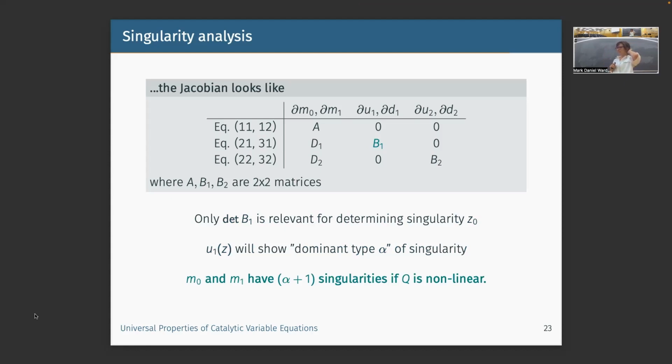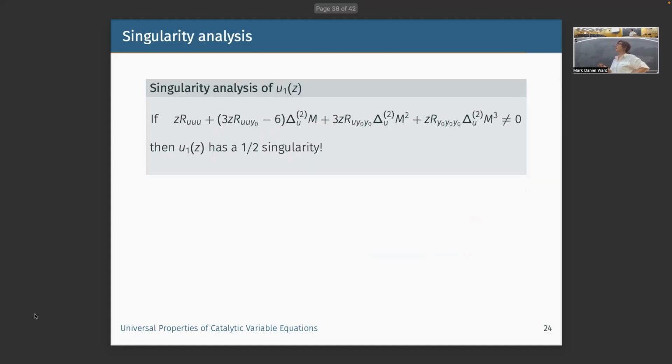In the nonlinear case, this will translate to a 1 plus alpha singularity for MZ0 and MU Z0. In the linear case, the singularity translates directly, so MZ0 and MU Z0 will also have an alpha singularity. And usually alpha is just 1/2.